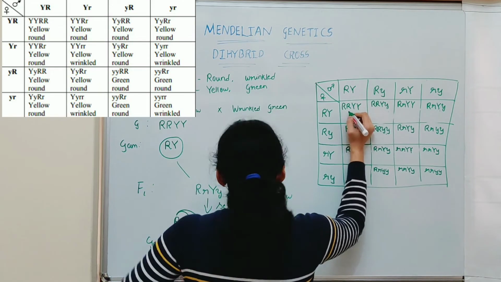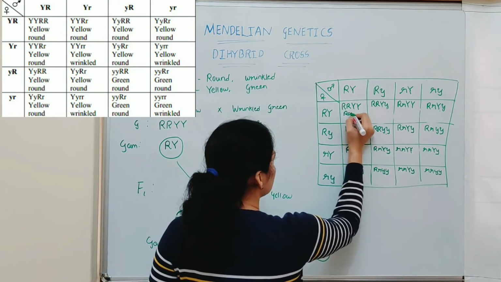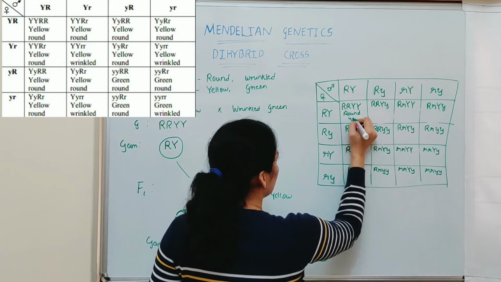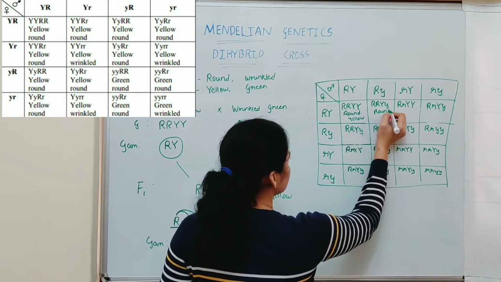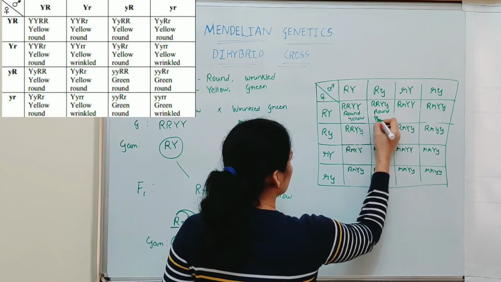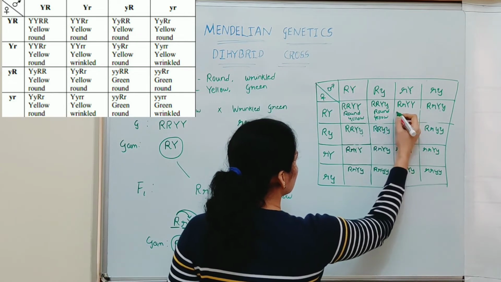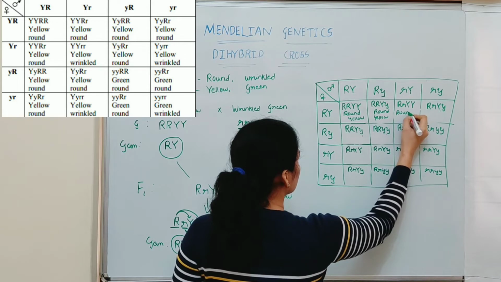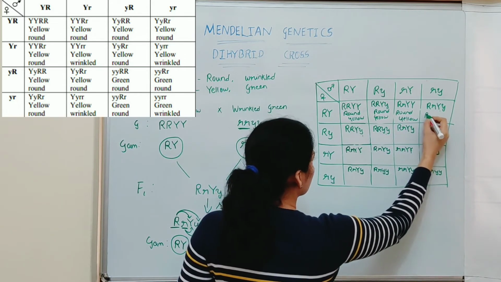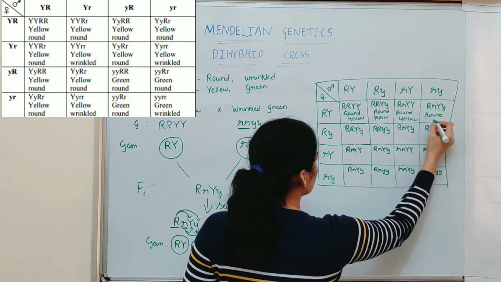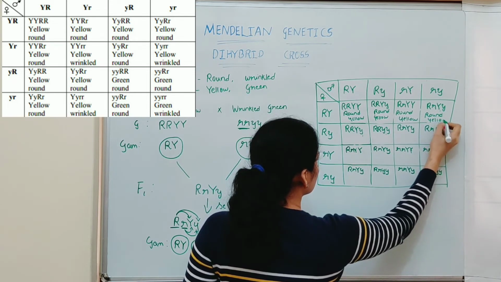This is similar to that of the parent, that is round yellow, round yellow, round yellow. Here also round yellow, round yellow.